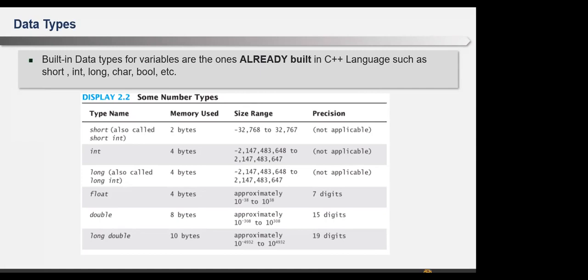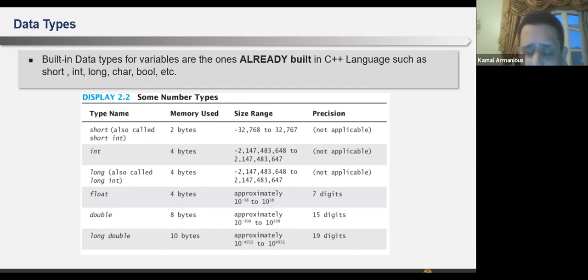Okay. So we have the data types. We have the short, int, and long. They are whole numbers. What does it mean, whole number? It means that they don't contain decimal points. So it's 10, 11, 12, etc. And whenever you define a variable, it is allocated some bytes: 2 bytes for the short, 4 bytes for the int.